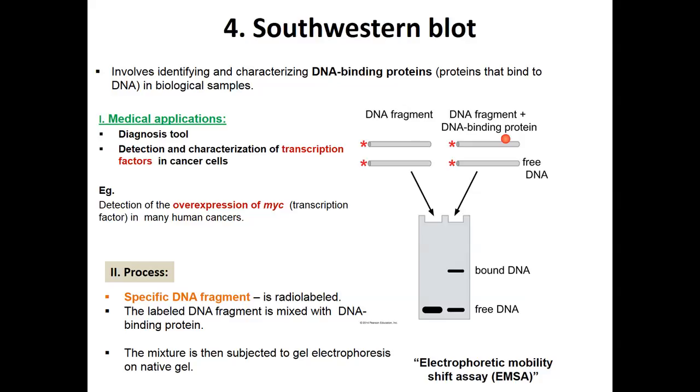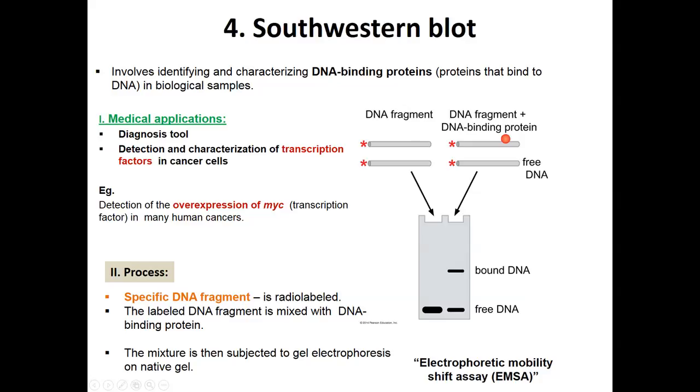So you take the sample of patient A, patient B, patient C, the sample containing the tumor, and you lyse the cell and you collect the proteins. Now you take that protein sample and you mix it with a DNA sequence that is radiolabeled, to which the MYC should bind. So when you do the mixture, if the MYC is present, it's going to bind to the DNA sequence. Okay? Now, if that binding occurs, you take the mixture and you run it on the gel.